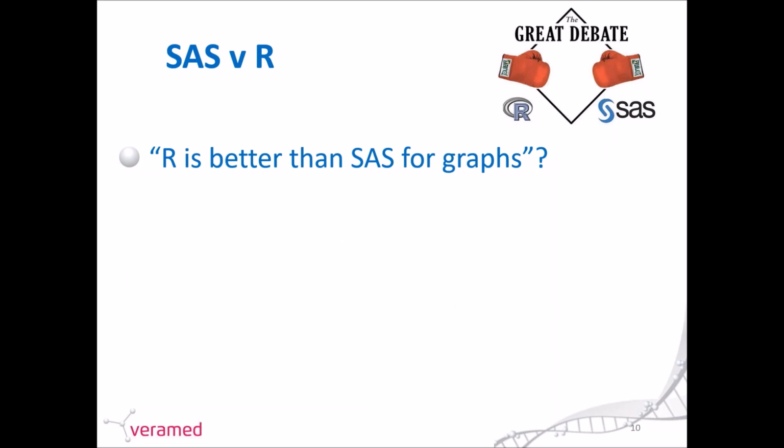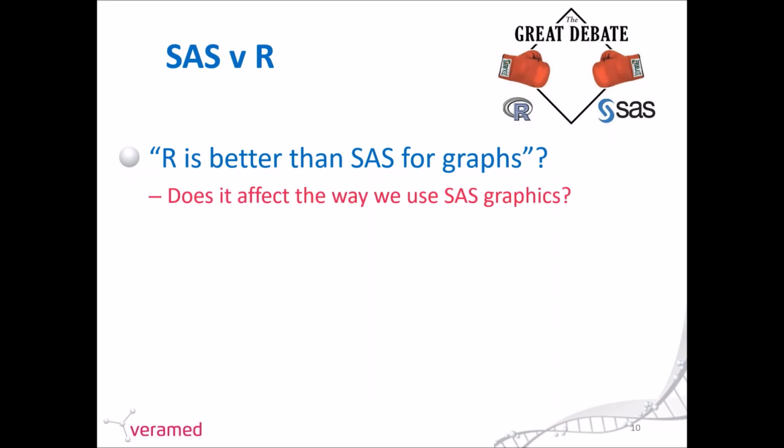I'm not particularly interested in the debate of what is better, R or SAS. So they're tools that we use. Sometimes R is better. Sometimes if you're working with the rest of your data in SAS, that obviously becomes a better way to produce your graphs.